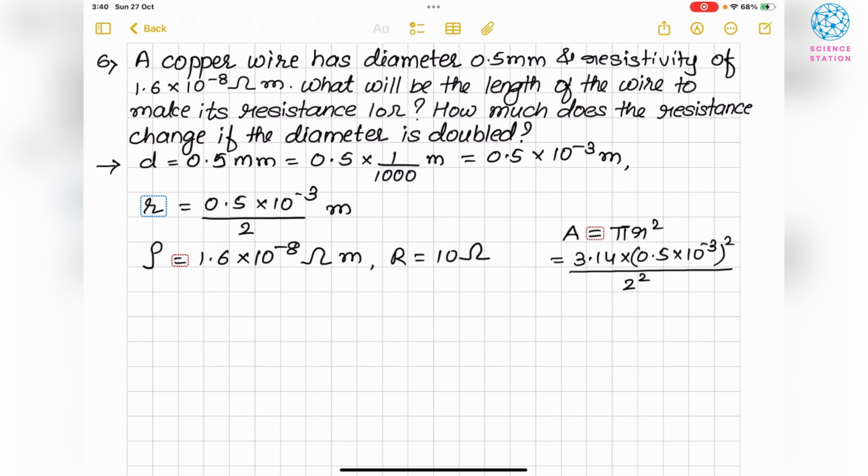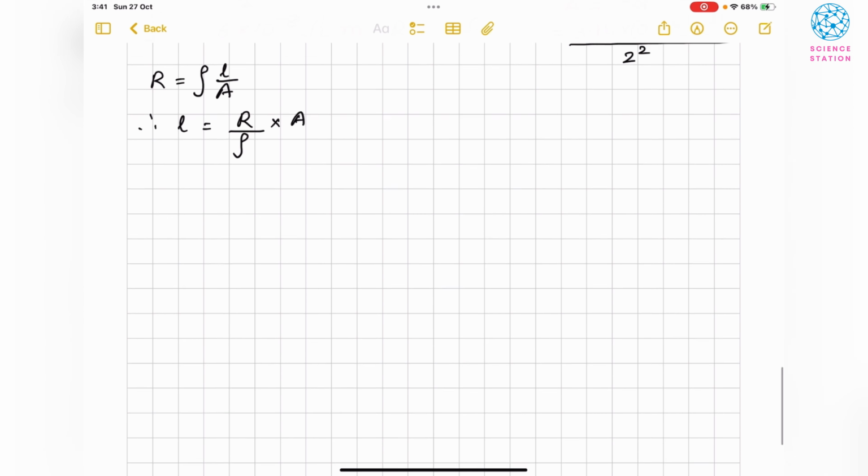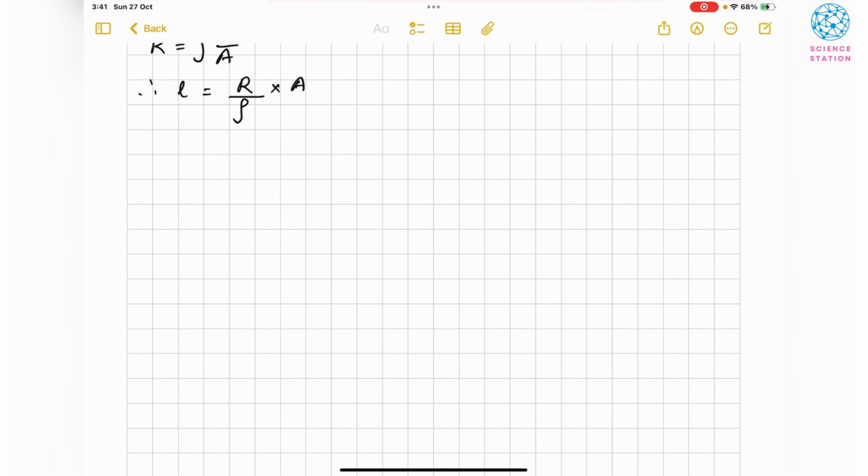So these values now I am using in the formula. R equal to resistivity into L upon A. So therefore L equal to R upon resistivity into A. So that will be equal to, now I am placing all the values.